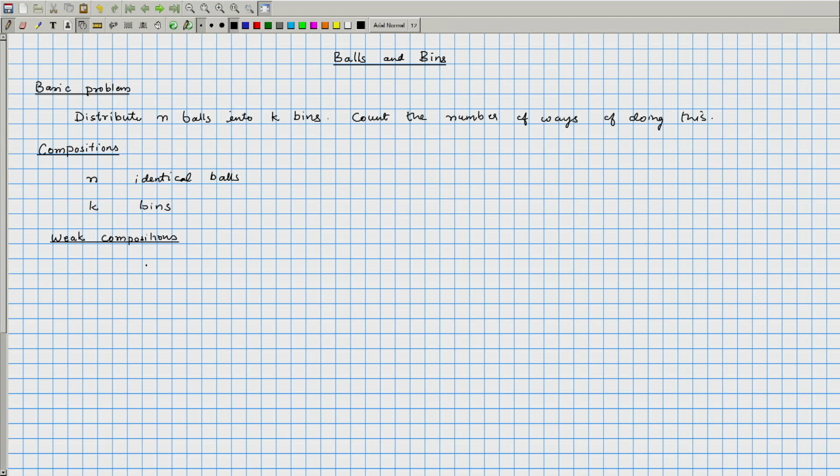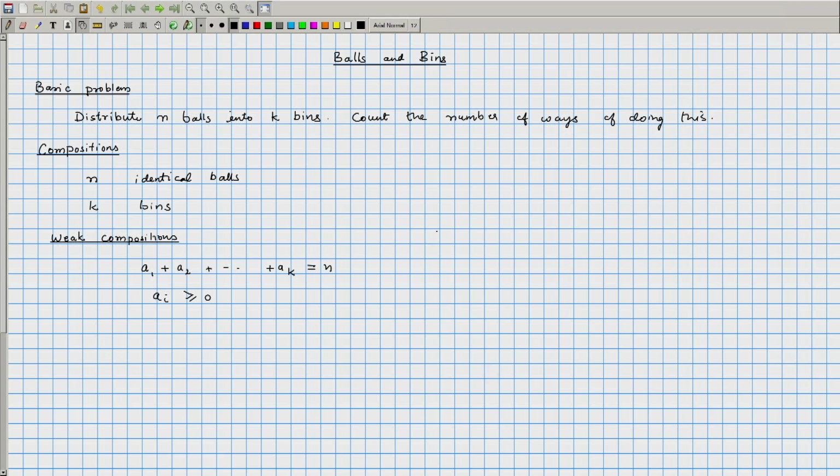So, basically we need to find numbers a1 to ak such that a1 plus a2 plus all the way up to ak is equal to n, they add up to n, and each ai is greater than or equal to 0. So, the weak comes from the fact that some of these ai's could actually be 0.